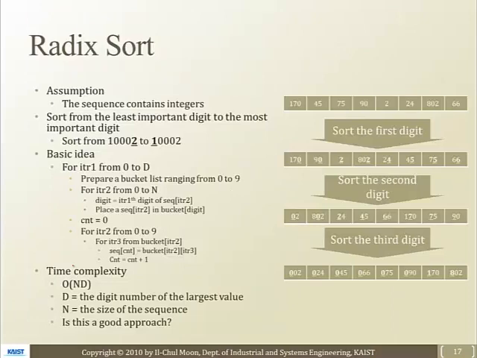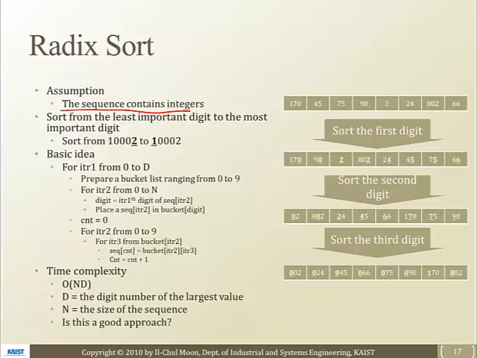So the next example is the Radix Sort. Radix Sort is kind of similar to the counting sort, but it uses a little different numeric property than the counting sort. Here, the assumption is that the sequence only contains integer values.